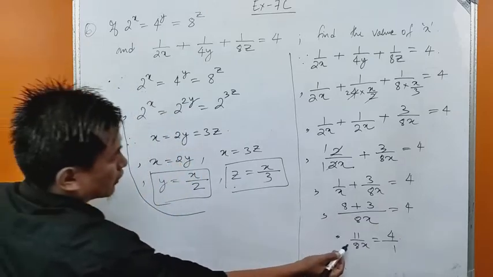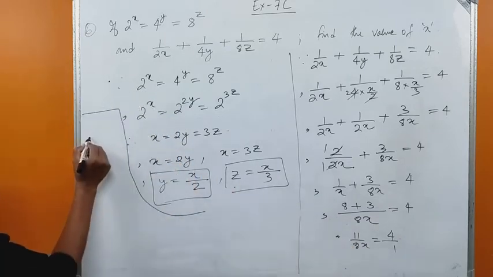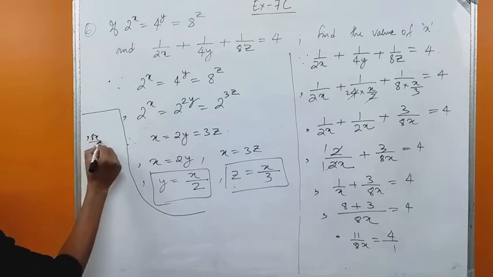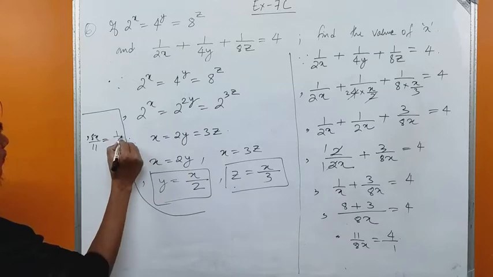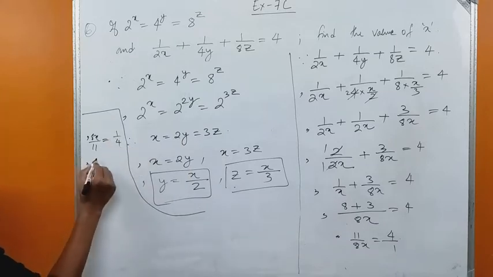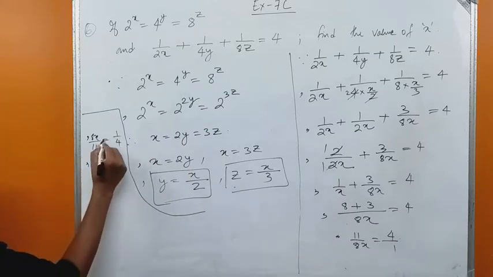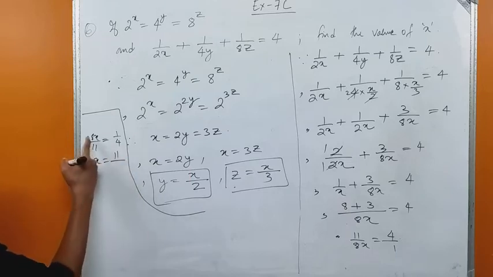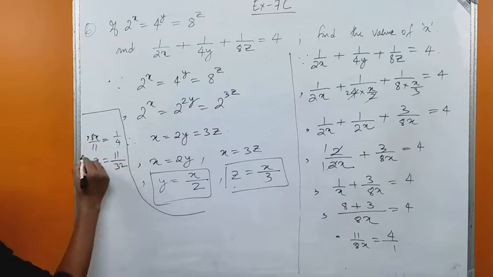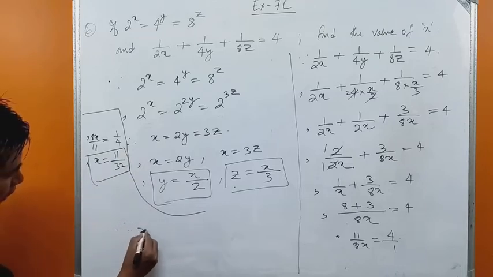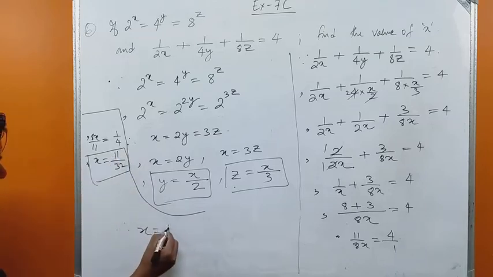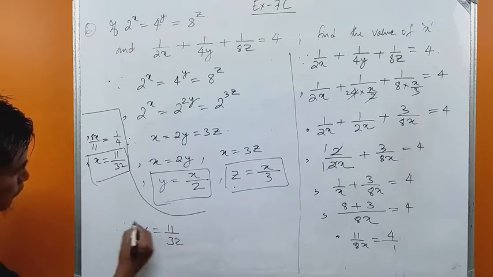So 8x upon 11 equals 1 by 4, or x equals 11 ones are 11 upon 8 fours are 32. So the value of x is 11 upon 32.